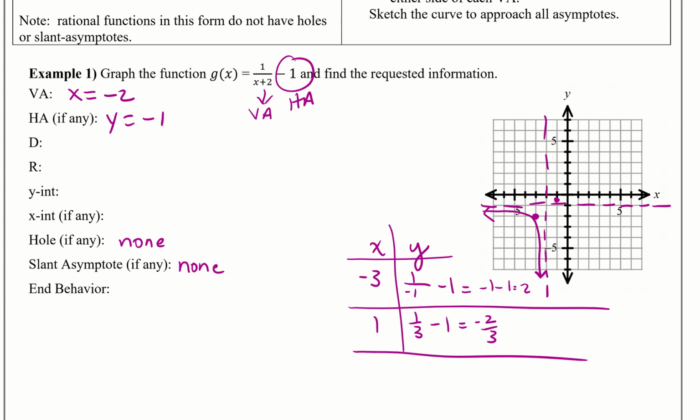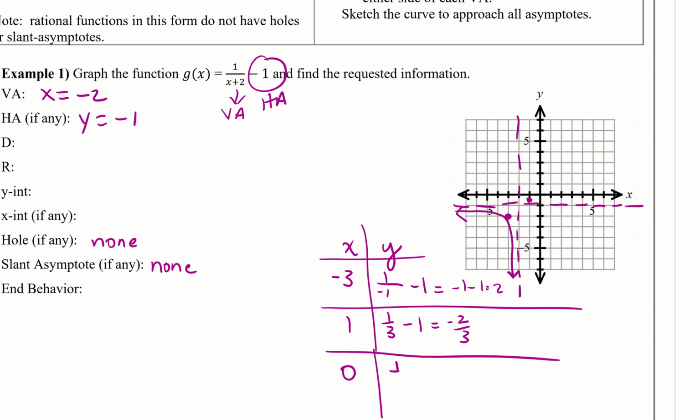Now, it might be helpful to find out where the y-intercept is. If I substitute in a 0, for the y-intercept, I would end up with 1/2 minus 1, which is -1/2, which is kind of right in here. I realized I have an error here on where I plotted this -2/3 at +1.